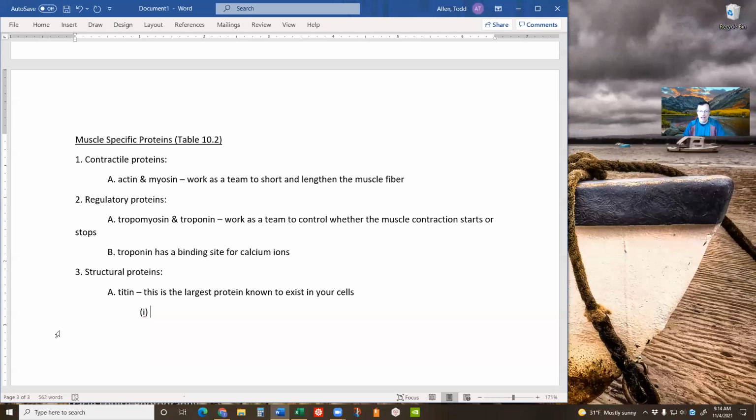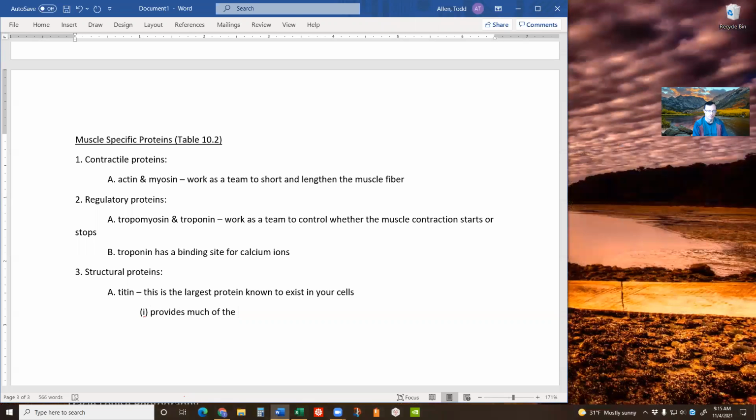So titin as a protein, and then as a chain of protein called the titin filament, provides a lot of the elasticity and stretchiness of muscle tissues. It provides much of the elasticity and extensibility of the myofibrils.